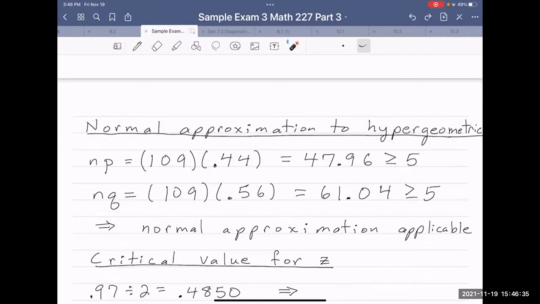If you have a 44% chance of success, you have a 56% chance of failure. So 61.04. So again, that's greater than or equal to 5. So yes, the normal approximation is applicable. So we can actually calculate this using the Wilson score.